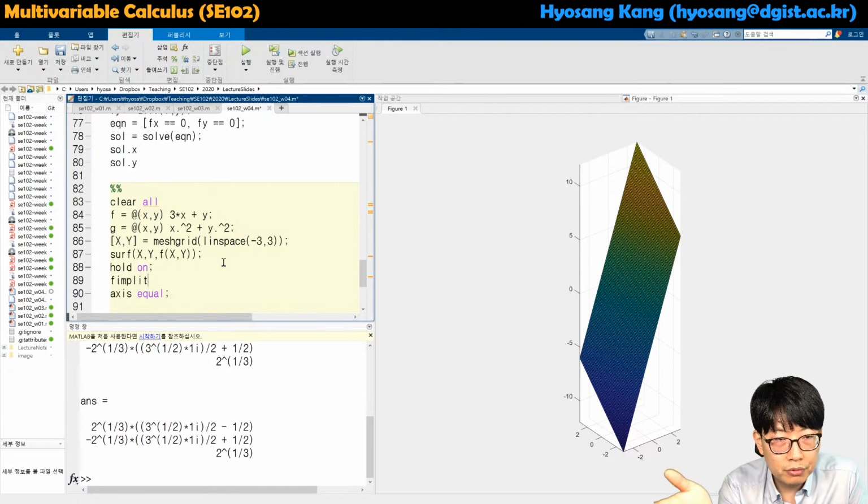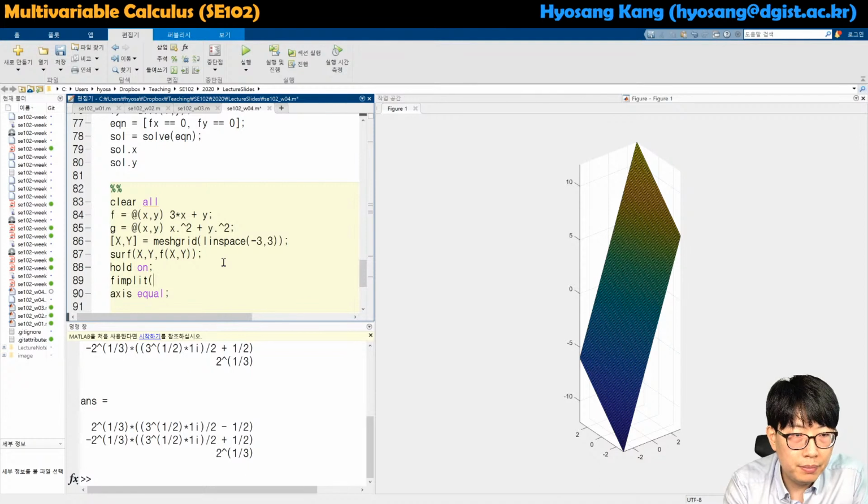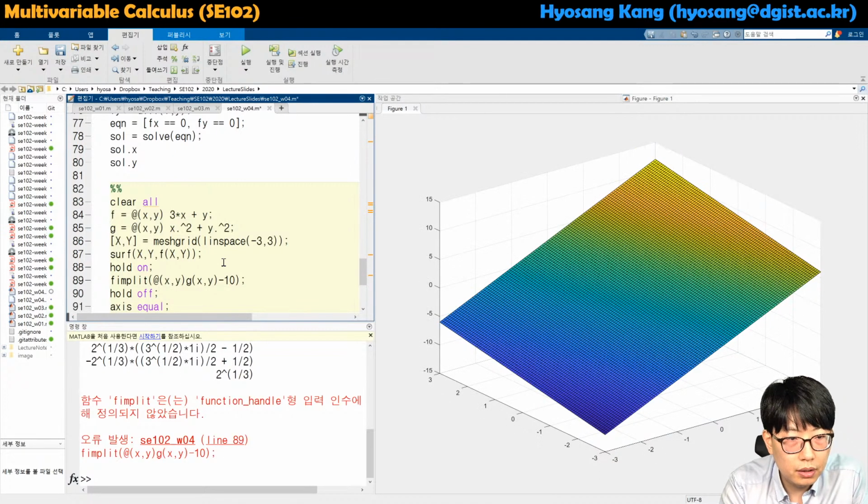So I have to draw the implicit graph of an implicit function. I'm using fimplicit, which draws the implicit graph of g(x,y) minus 10. Hold off.